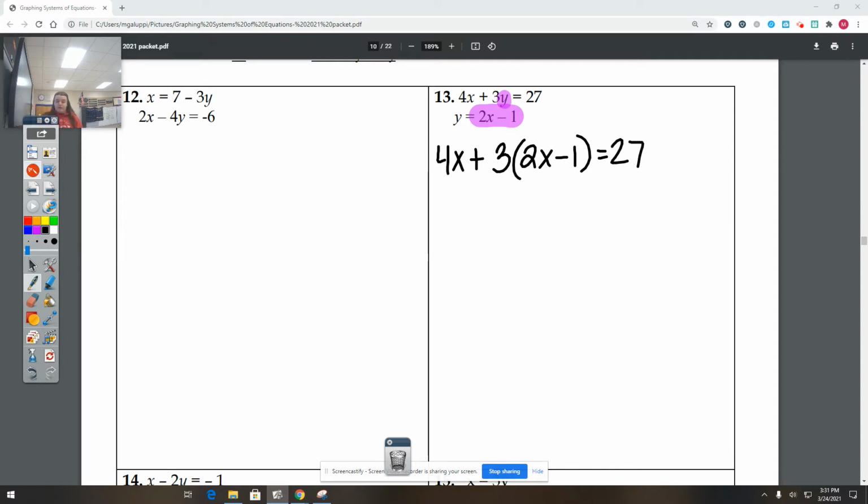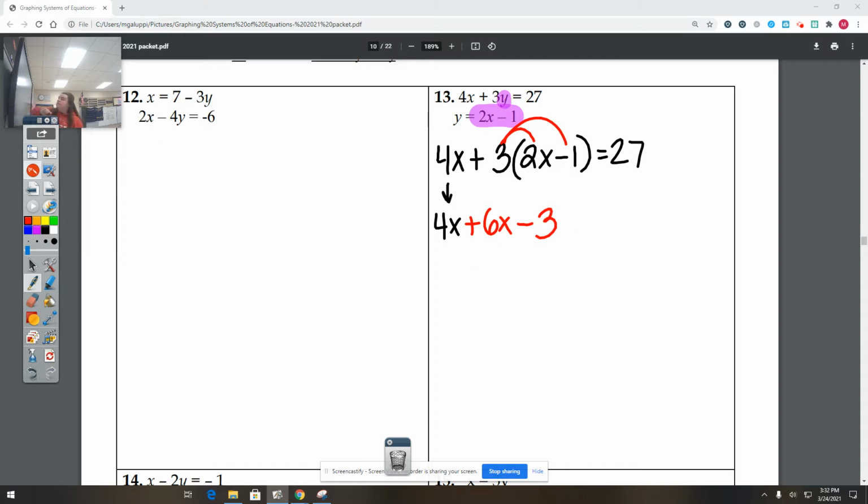From here, now that I only have x's in my equation, I can go ahead and solve for x. I see the parentheses with the 3 on the outside, which tells me I need to distribute. So I'm going to rewrite the 4x because that's not being distributed. Then we will distribute: 3 times 2x is plus 6x, and 3 times negative 1 is minus 3.